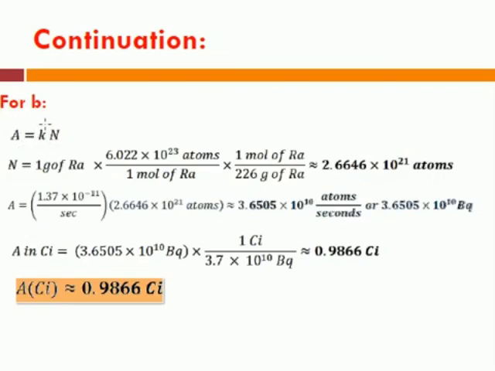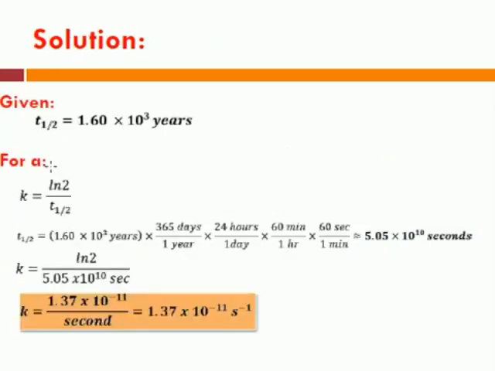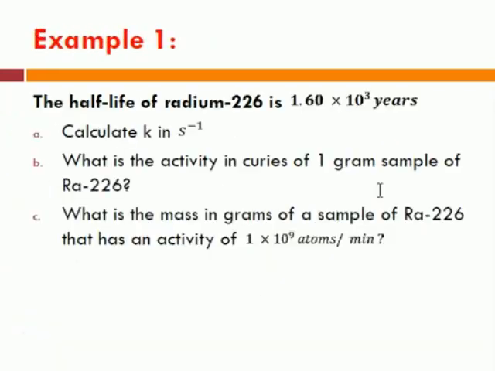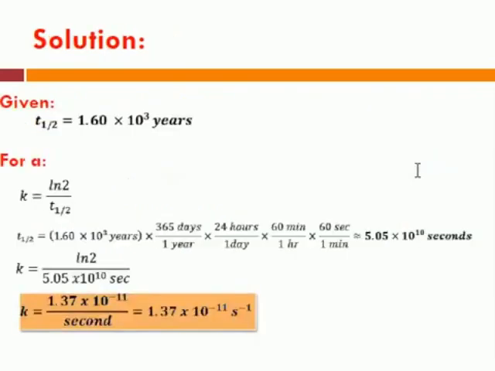We already solved for the k, so we need to solve for N. N is the number of atoms, okay? The given is a 1 gram sample, so we have to convert it into number of atoms.